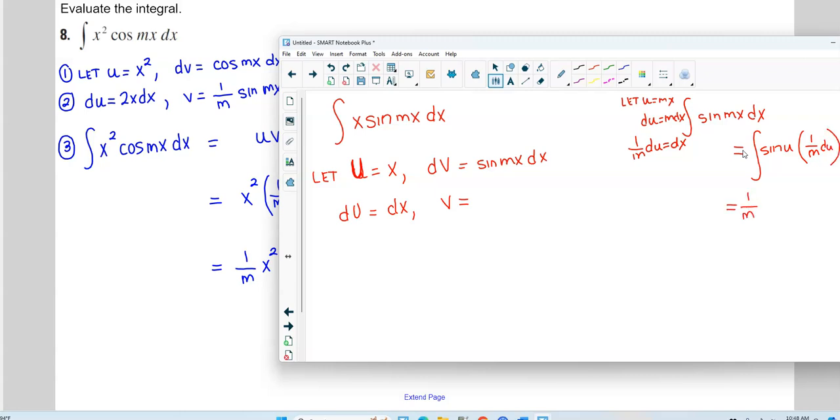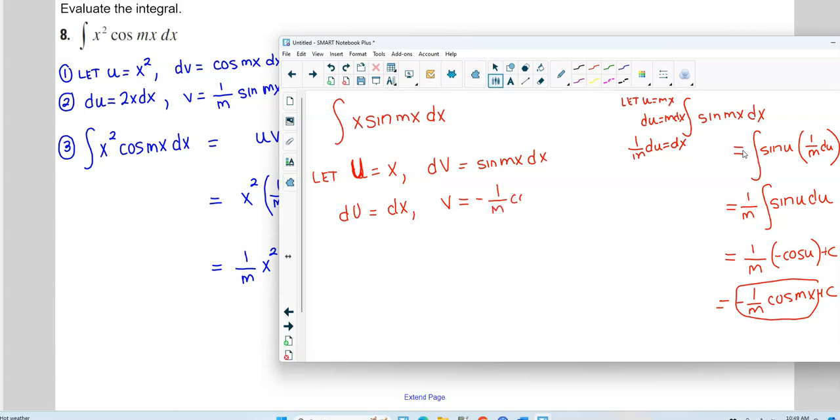Factor out the constant 1 over m, and then the antiderivative of the sine of u. So what is the antiderivative of the sine of u? Well, that is negative cosine. So we would have 1 over m times negative cosine of u plus c, which would be negative 1 over m times the cosine of mx plus c. So therefore, this is what we're going to plug in over here. So this is negative 1 over m times the cosine of mx.